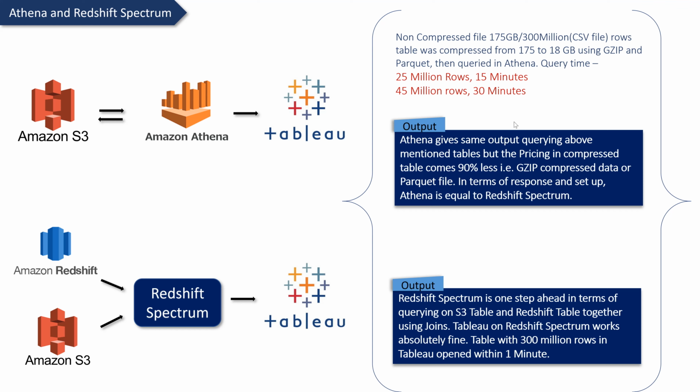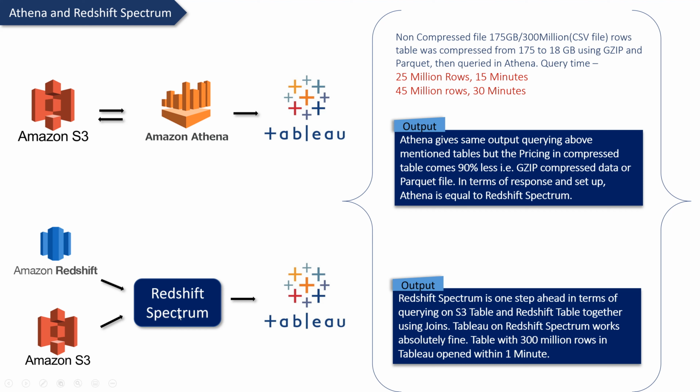Athena gives the same output on the above-mentioned tables, but the pricing on the compressed table is better, as I've mentioned. I compressed a 175 GB file into 18 GB, which was very good. And Redshift Spectrum is one step ahead of Athena, because as you can see in this architecture, Athena connects with S3.